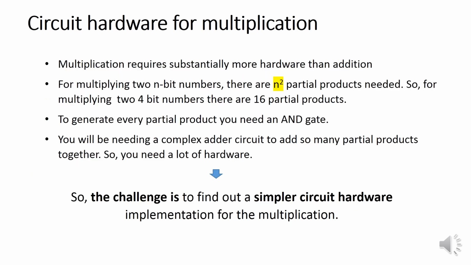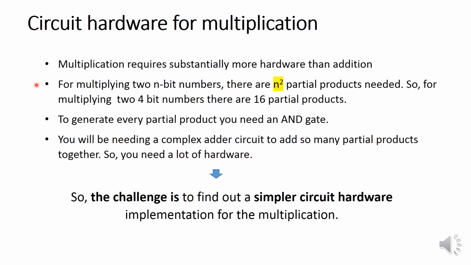Let's now introduce some important considerations about the circuit hardware for multiplication. Although binary multiplication in general is quite straightforward, the binary multiplication circuits require substantially more hardware than binary addition circuits. When multiplying two n-bit numbers, there are n-squared partial products generated.